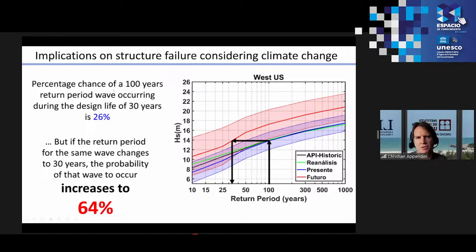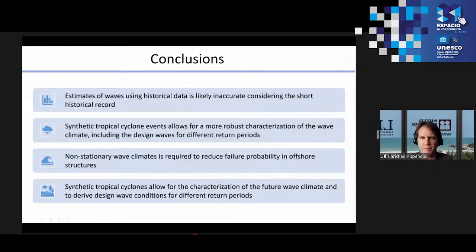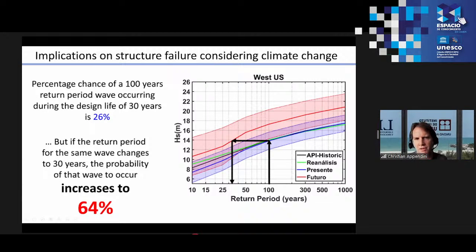So if we design a structure now with a 100-year return period, and that structure has an estimated lifetime of 30 years, the chance of the 100-year return period wave occurring during the lifetime of that structure is only 26%.